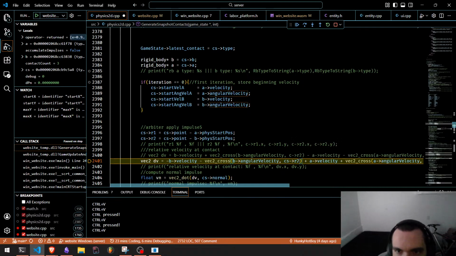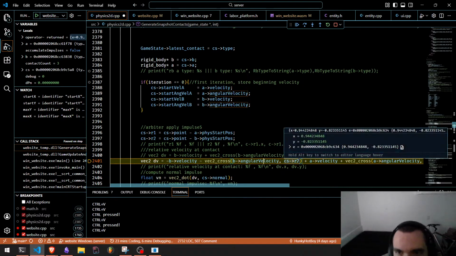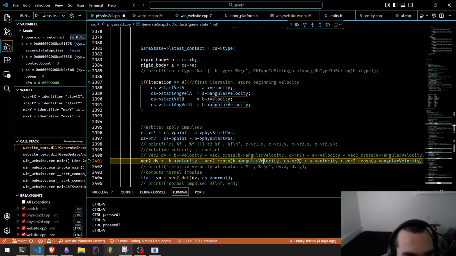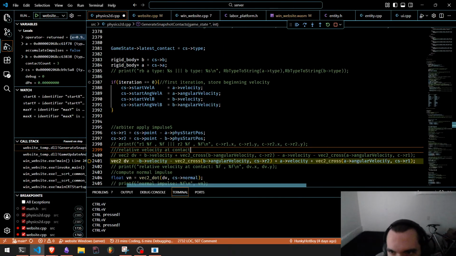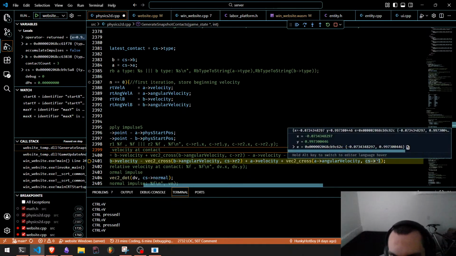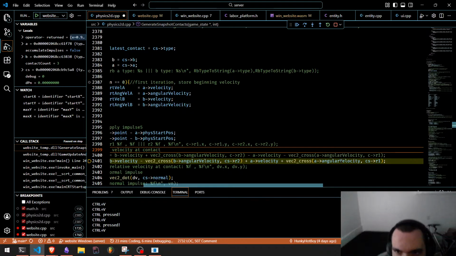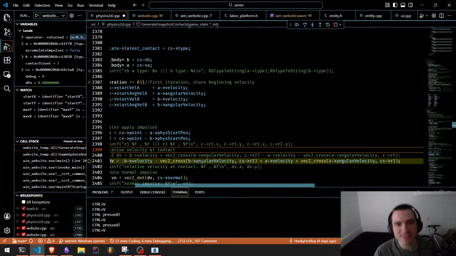And then the lever arms, 0.944, negative 0.823. Yeah. And then A is going to be negative 0.07, 0.997. Yes. Okay. Then the angular velocity, that's basically going to be 0. We'll just plug in, circle angular velocity is 0.